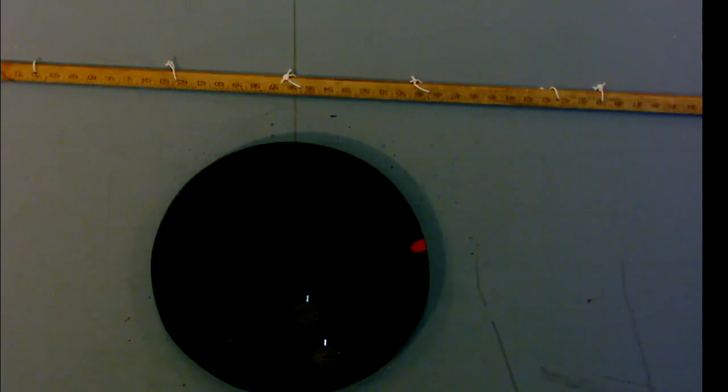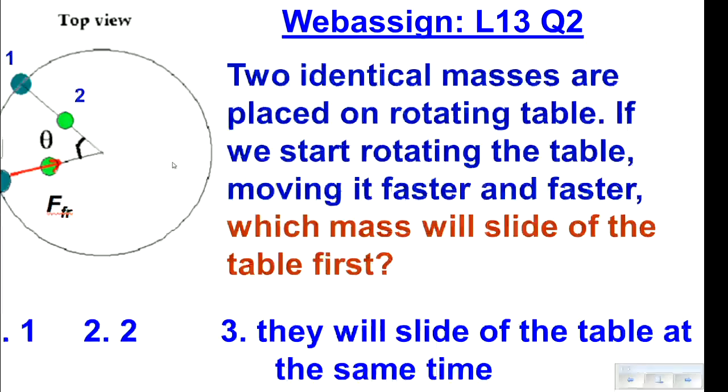And the question is, if I start spinning it faster and faster, what do you think will happen? So you saw 2 masses. One is placed closer to the rim, second closer to the center.